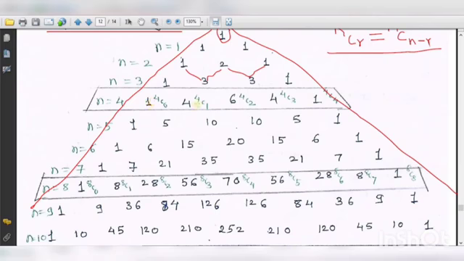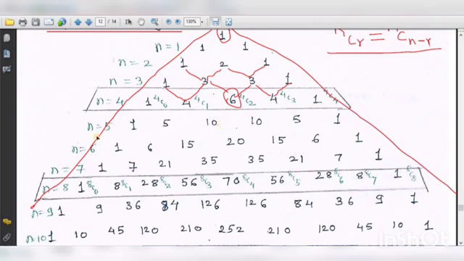This 4 is obtained by 1 plus 3. The 6 is obtained by 3 plus 3. Then 3 plus 1 is 4, and the last number is 1.